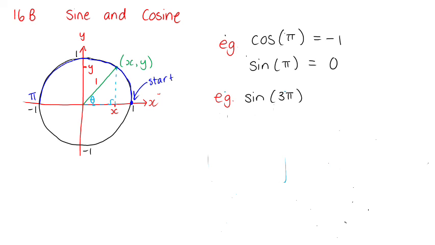Okay, what about sine 3 pi? Where's 3 pi? Start here. You go all the way around this way towards pi. You keep going around all the way to 2 pi. Keep going back around, and you're here again.